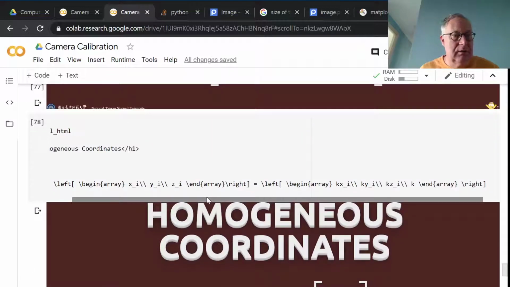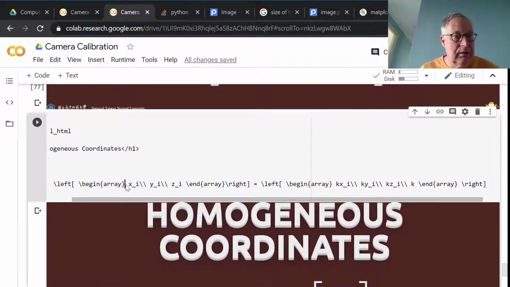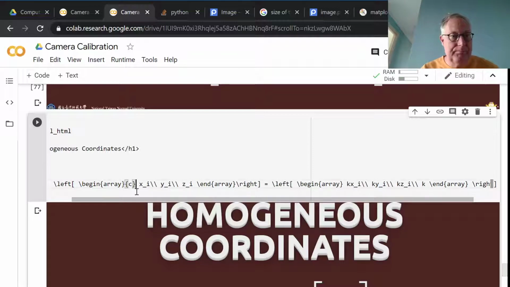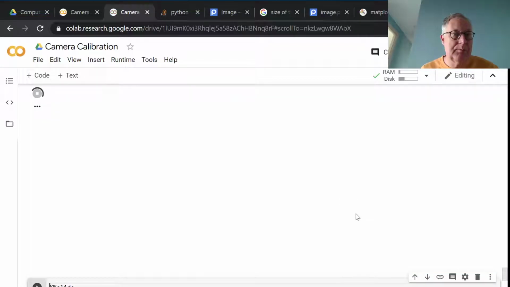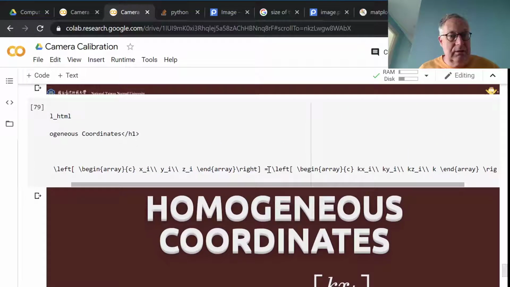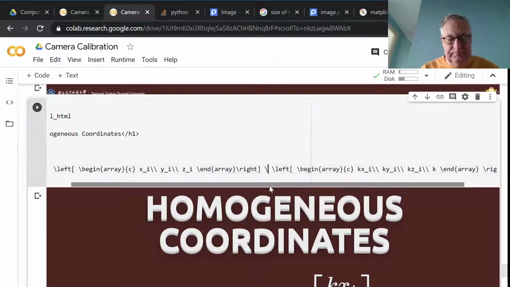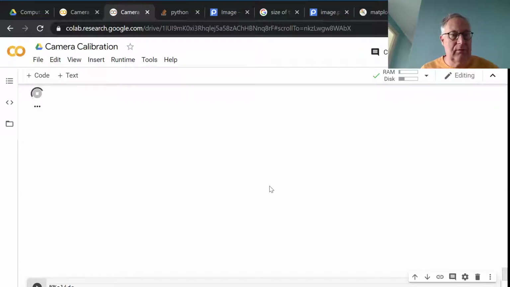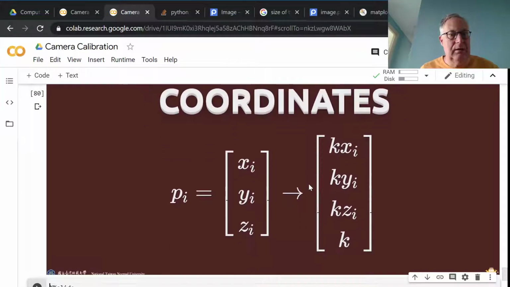The point xi, yi, zi is going to be remapped to homogeneous coordinates kxi, kyi, kzi, and k.